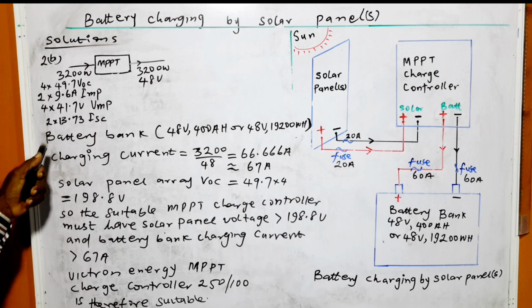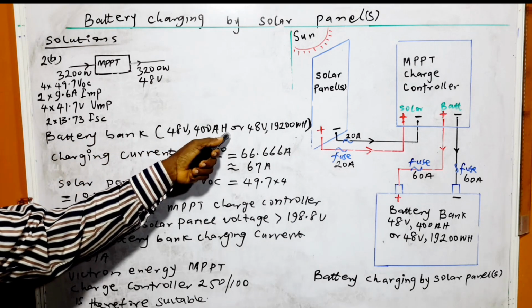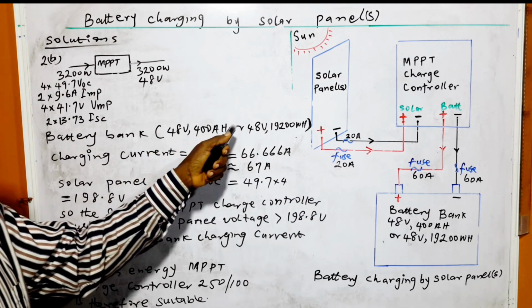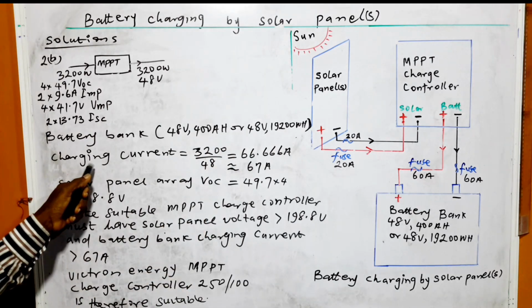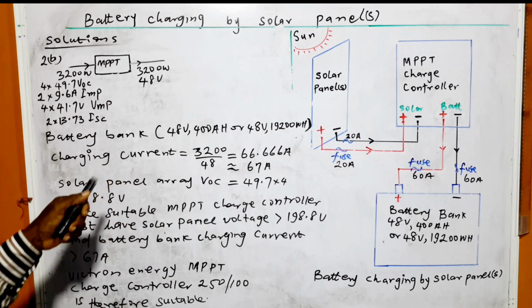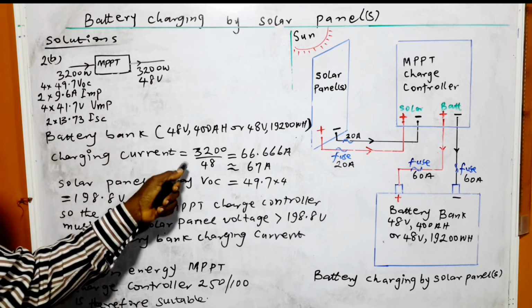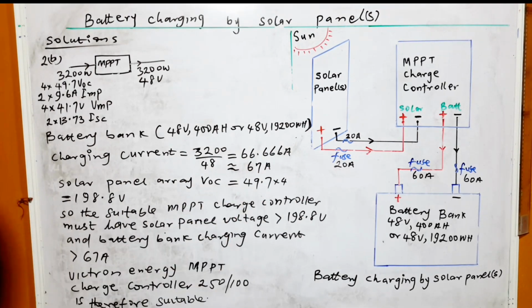Now, let's move on. Battery bank, this is the capacity of the battery bank. This is correct, this is also correct. Then the battery bank charging current is equal to 32 by this, and it's 67 ampere.